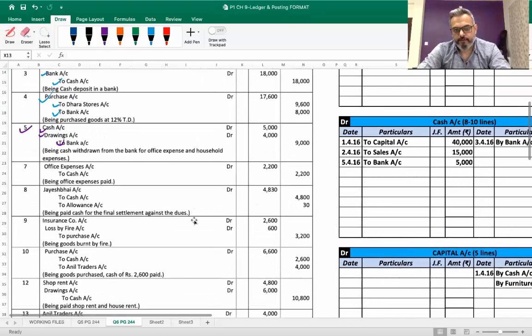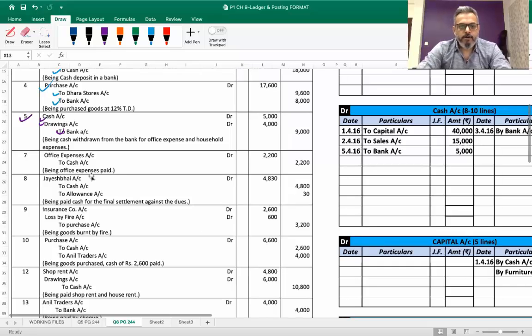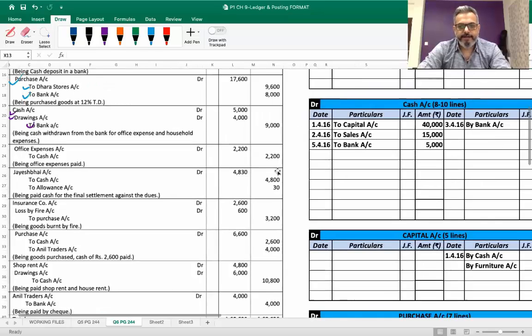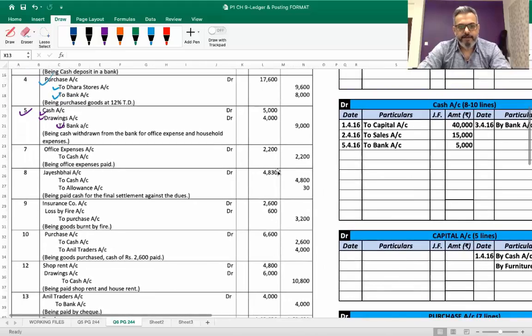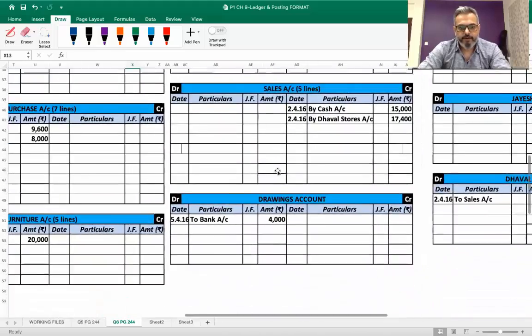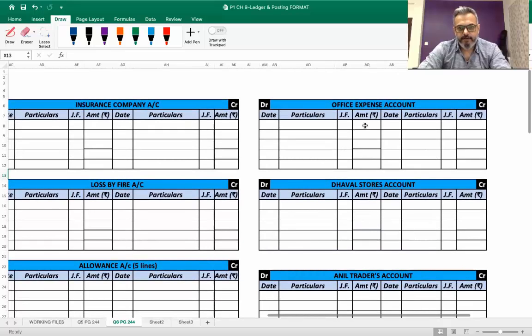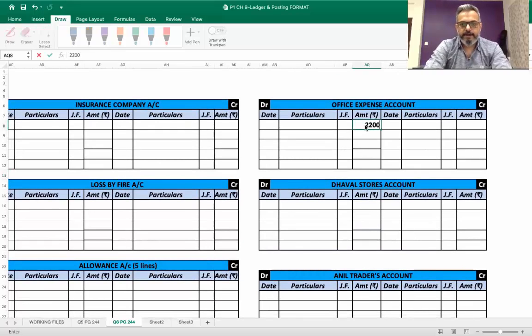Now seventh one, office expense account debit 2,200 to cash account 2,200. Office expense account debit 2,200. Let's locate office expense account debit 2,200. Date is 7th.